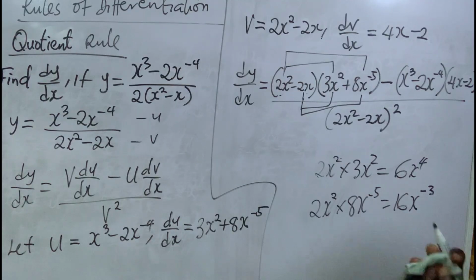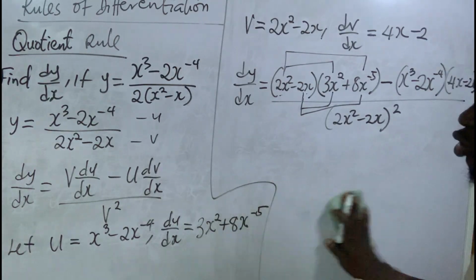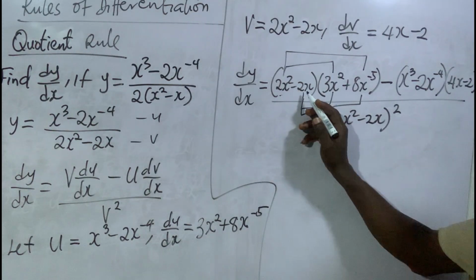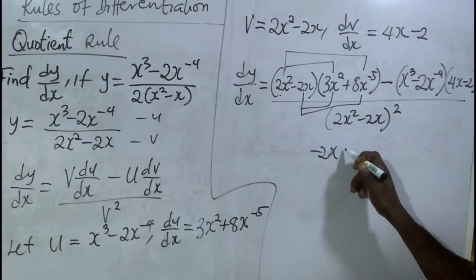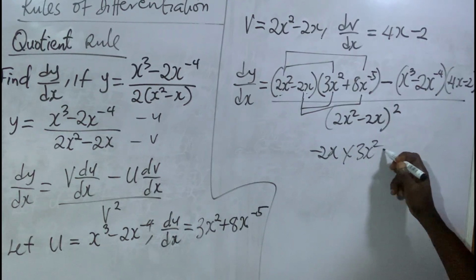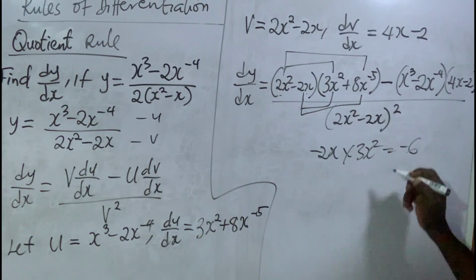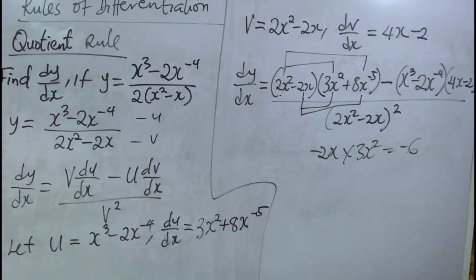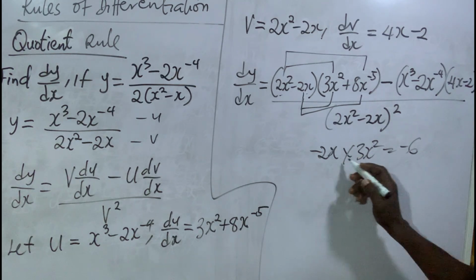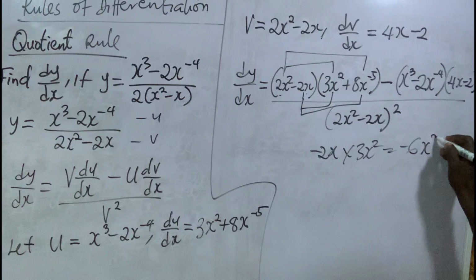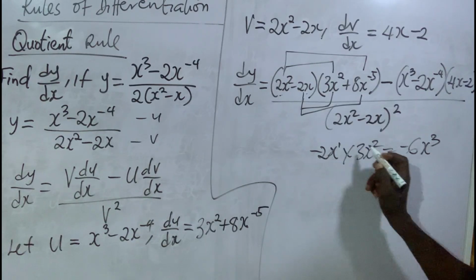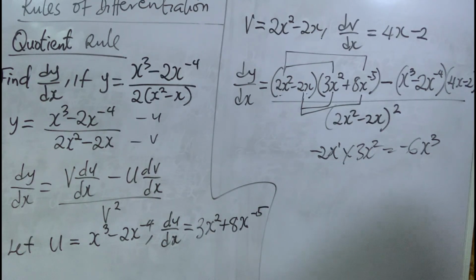So for the second one, let me also show it before we go fully into the multiplication. The second one, we have minus 2x times 3x squared. Minus 2 times 3 is minus 6. x times x squared will give us x cubed, which means power 1 plus 2, 3. Okay?